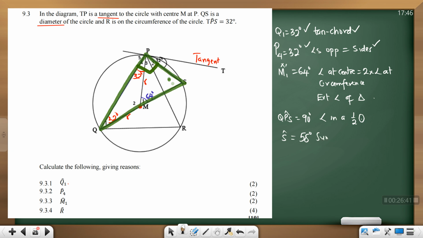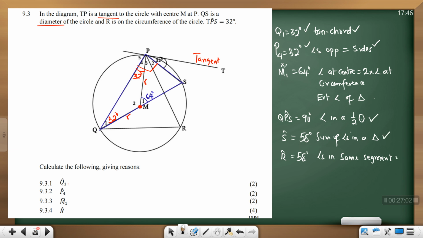What's your reason? Sum of angles in a triangle. Then angle R therefore should be equal to what? 58 degrees. What's your reason? Angles in the same segment. How do we mark this? 1, 2, 3, and 4.